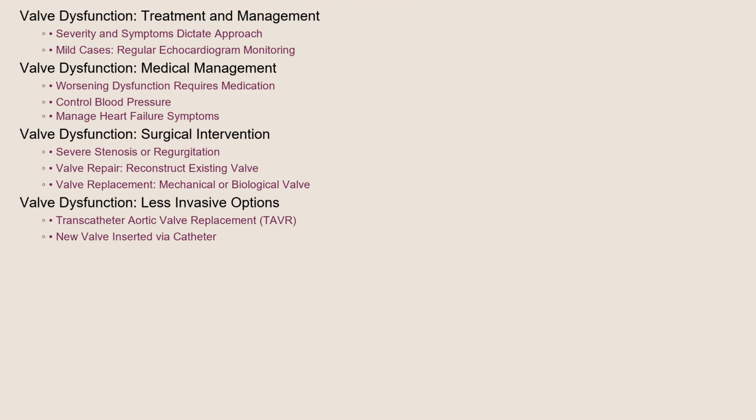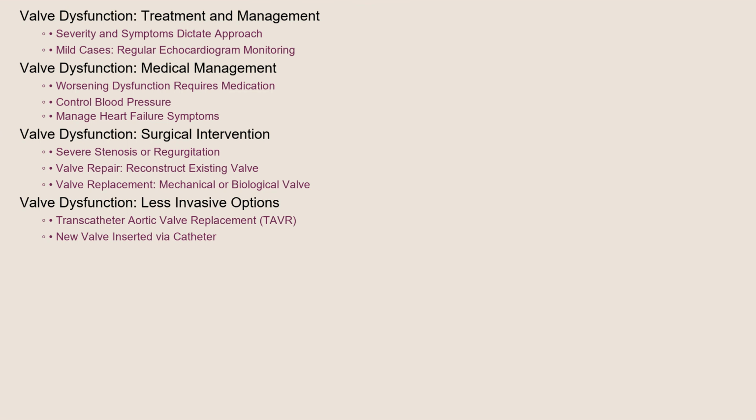Treatment and management depend on the severity of the valve dysfunction and the presence of symptoms. Mild cases may only require regular monitoring with echocardiograms to track the valve's condition. As the valve dysfunction worsens, medical management with medications to control blood pressure and heart failure symptoms may be necessary. Ultimately, if stenosis or regurgitation becomes severe, surgical intervention may be required.